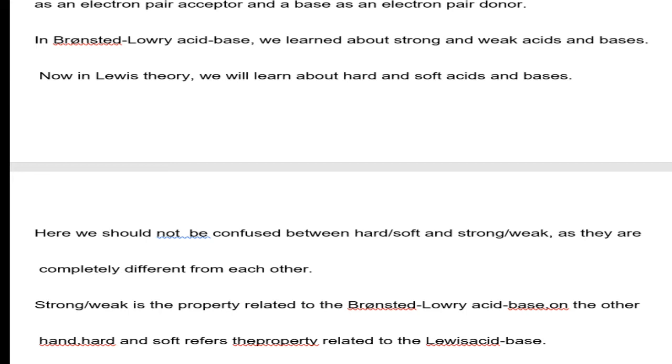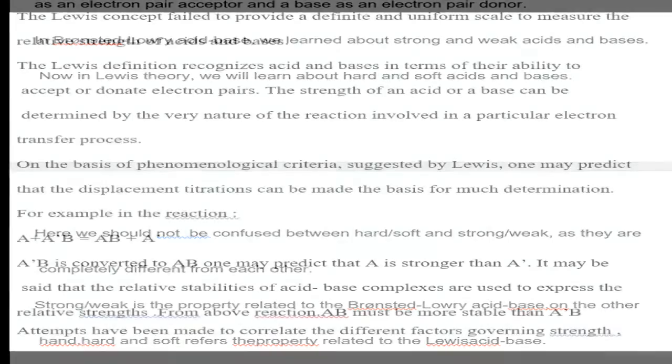So, dear students, we should not be confused between hardness and softness and strong or weak, as these terms are completely different from each other. Strong or weak is the property related to the Bronsted-Lowry acid-base concept. On the other hand, hardness and softness refer to the property related to the Lewis acids and bases.